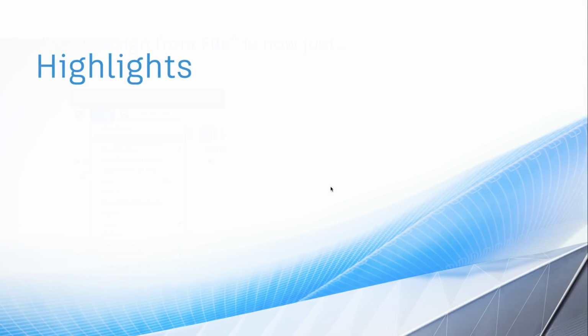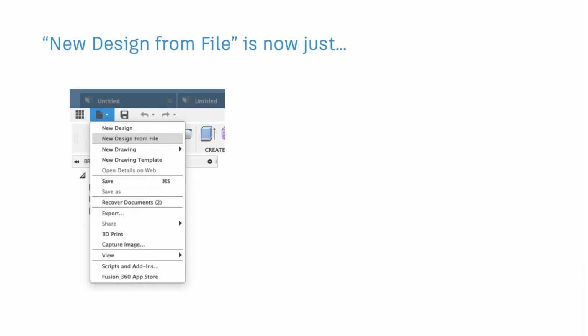Okay, so let's get right into the highlights. First of all, this one I love. It seems like a step in the right direction. If you recall, when you first started Fusion 360, you might have gone in looking for File Open if you were looking to bring in a file.